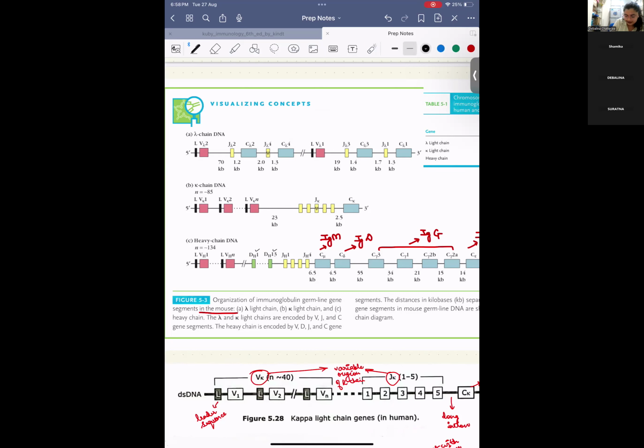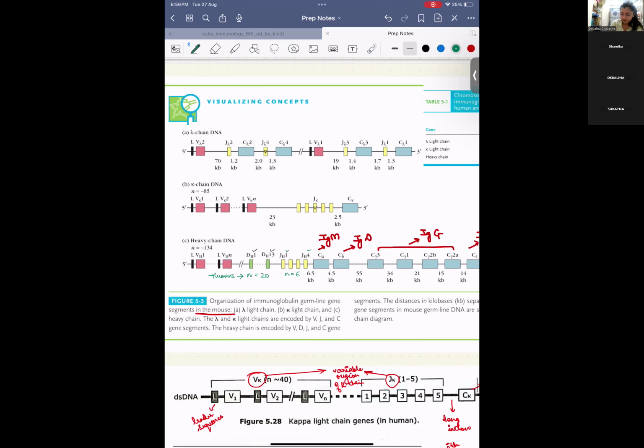For humans, this N number can be up to 20, so we can have 20 such D regions present in succession. Then we have your J regions present. For mouse, it's J1 to 4. For humans, it is 6. These are the numbers that correspond to humans. So V, D, and J.